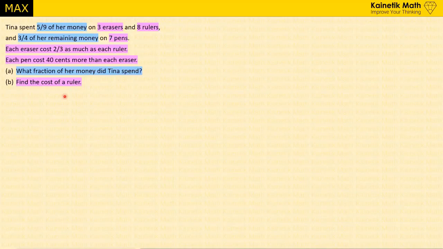Do you observe the clue again, where we should start from? Very good. Everybody has learned very quickly from the previous problem. Because again, part A asks for what fraction of her money did she spend. So that's the clue. So we should focus on the statements highlighted in blue first.